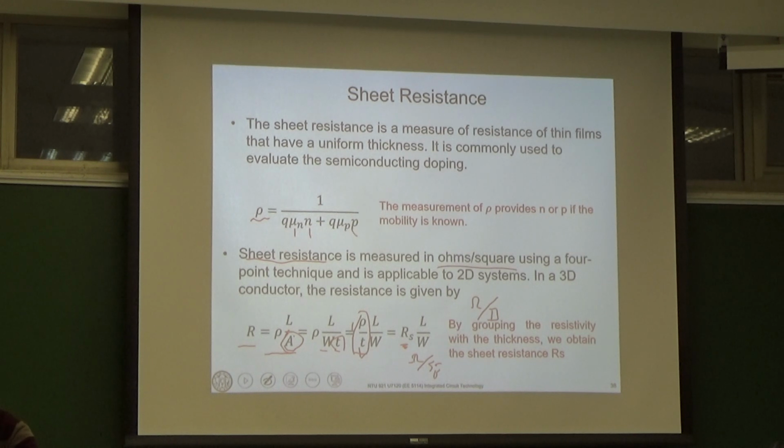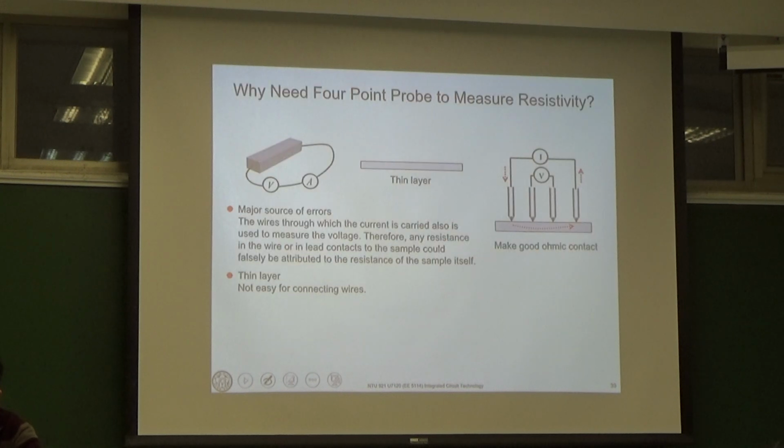So we can draw this L and W on your mask. So we can draw a certain pattern. In this case, when we measure the resistance, we can infer the sheet resistance of this material. But remember, when we measure the resistivity, we don't want to count the resistance of your probe.